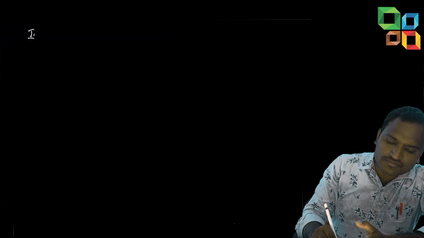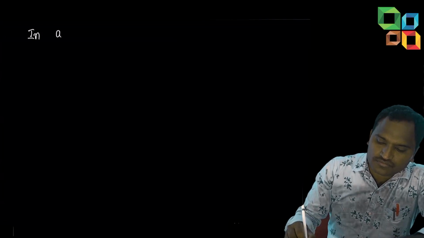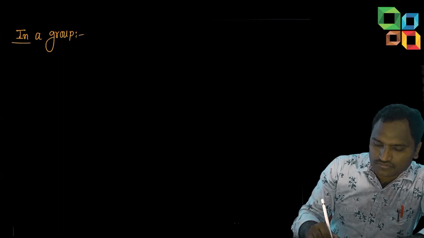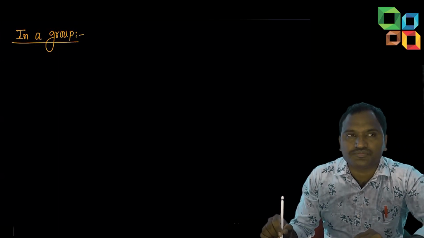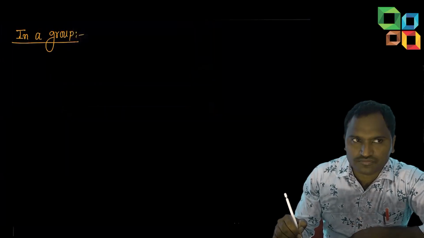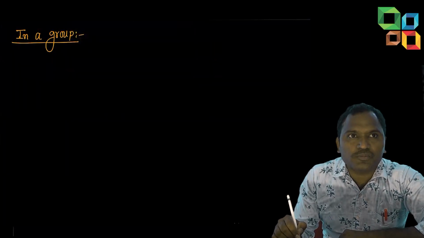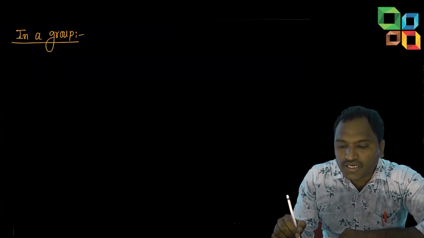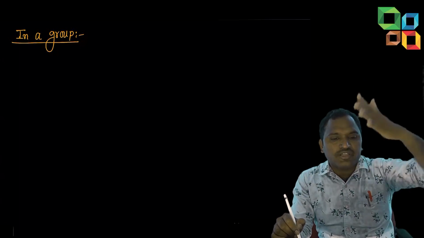In a group, from top to bottom, electropositivity increases because atomic radius increases.